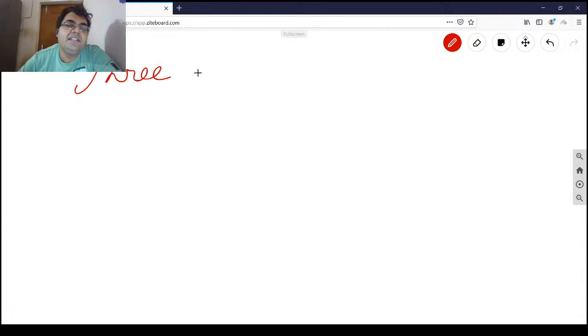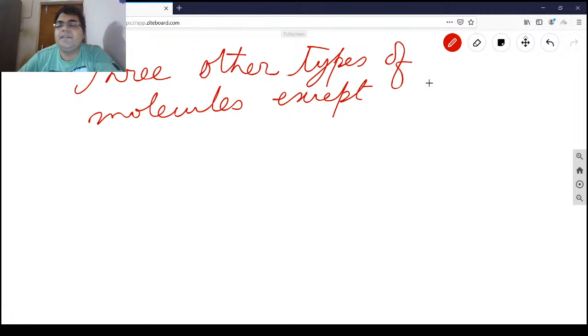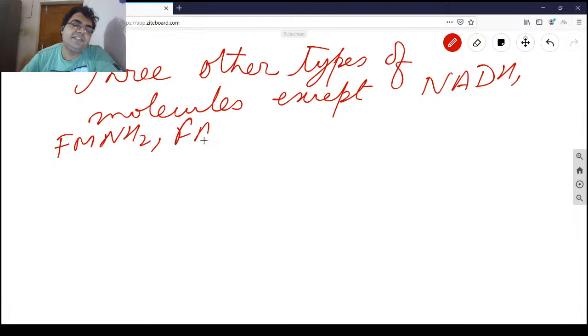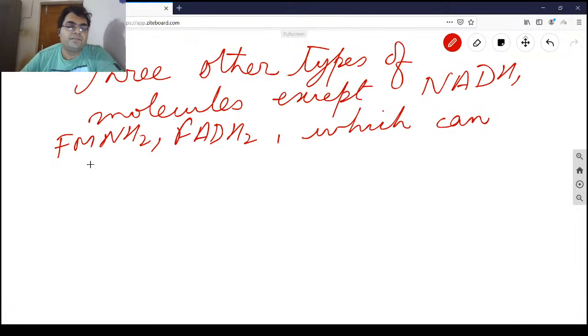So there are three other types of molecules except NADH, then FMNH2, then FADH2, which can carry electrons.